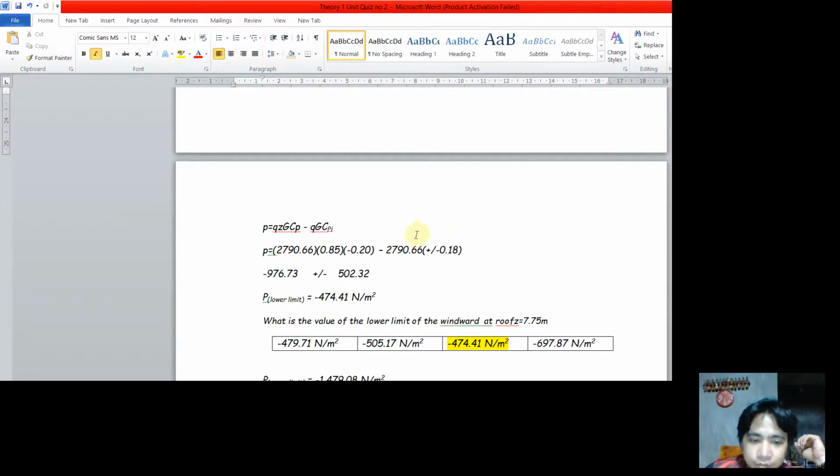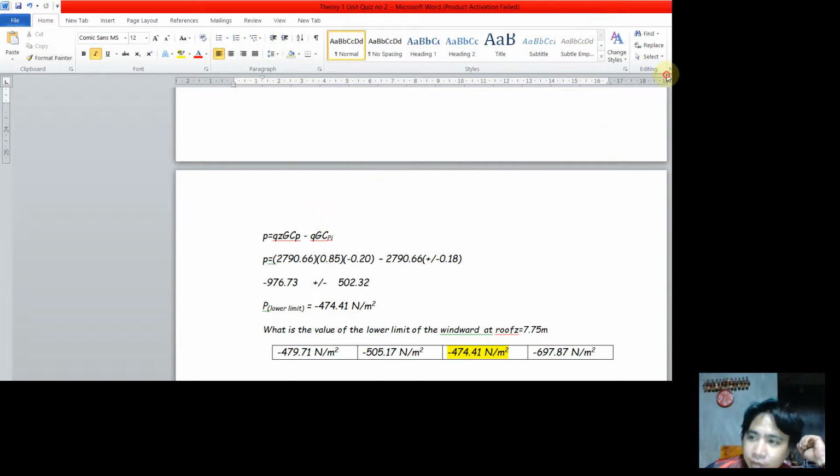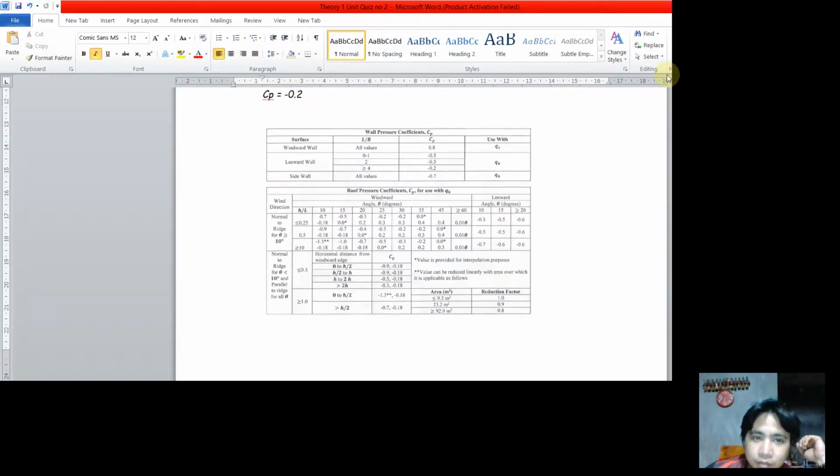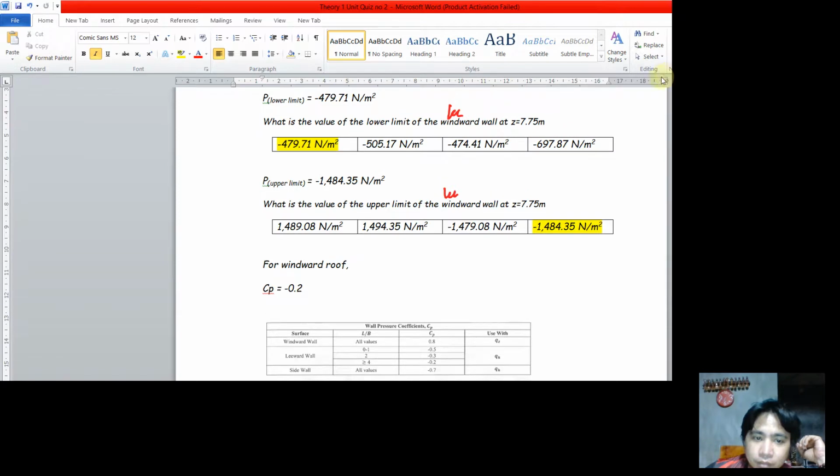H over L, we arrive at Cp equal to negative 0.2.